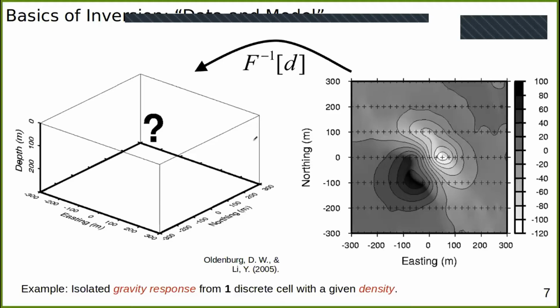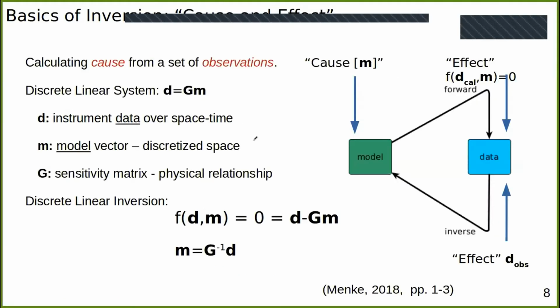So, for instance, we can estimate density from our gravity response field, and it's just done by setting up a linear system, and essentially we're working from the measured data back to our model and trying to estimate a vector of the model parameters using some sort of relation that defines that link between the data and the model space.